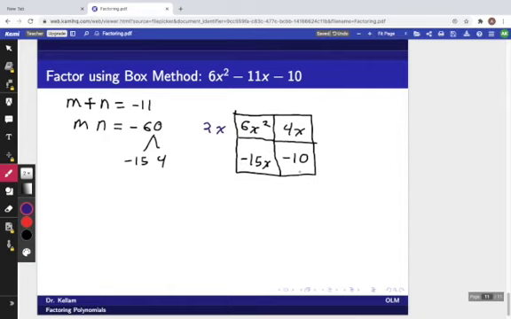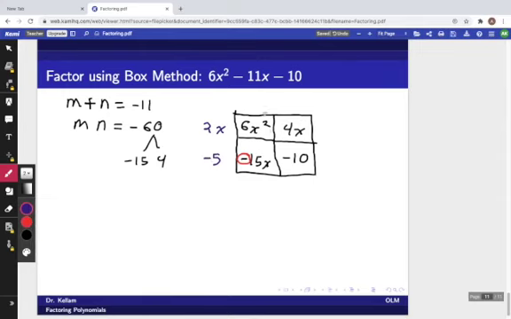What is the greatest common factor between those two? Well, that would be a 5. But because we have a negative right beside this 5, we're actually going to make that into a negative 5.